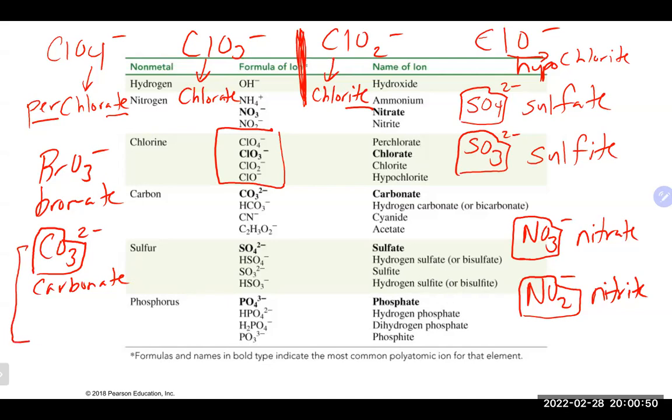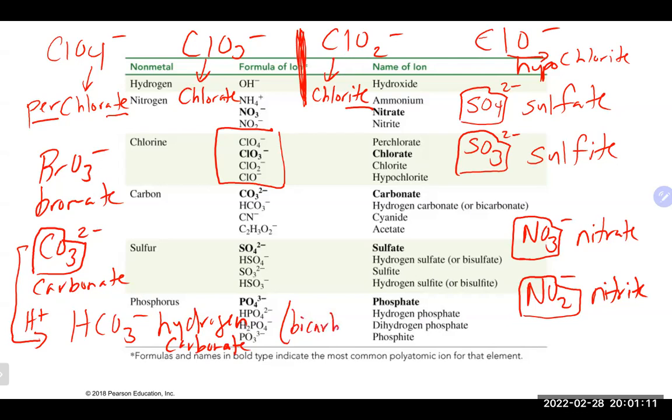If we put an H plus in front of it, that will be HCO3 minus. We put an H plus, which means hydrogen carbonate. Or sometimes people refer to it as bicarbonate. Sometimes people will use the bi instead of hydrogen, and it'll be called bicarbonate.